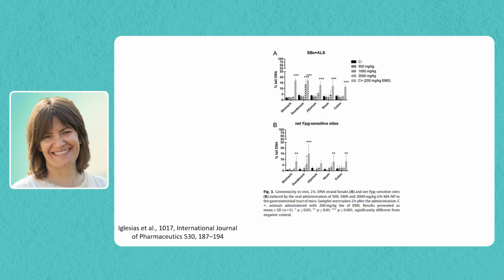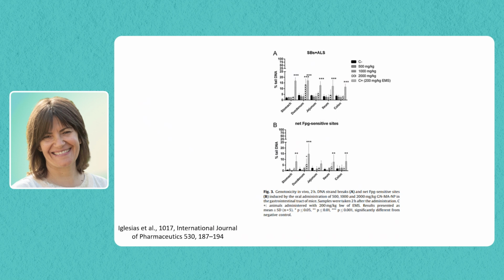We have performed the Comet Assay in the stomach of those rats, in the duodenum, the jejunum, the ileum, and the colon. This is the negative control, the black one. The next one is 500 milligrams per kilogram, the other one is 1,000, and the other one is 2,000. Then we have the positive control, which is always okay.